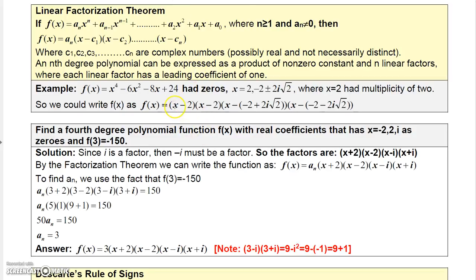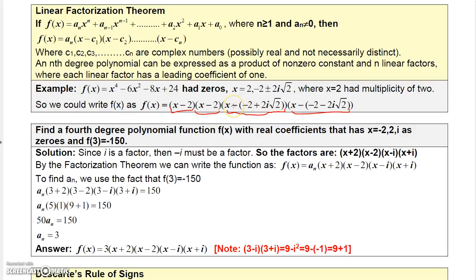So since 2 is a root, you're going to have a factor of x minus 2, and since 2 is a root twice, you'll have another factor of x minus 2. Now, you're going to have another factor, x minus the complex number minus 2 plus 2i square root of 2, and you're going to have another factor, x minus the complex number minus 2 minus 2i square root of 2.